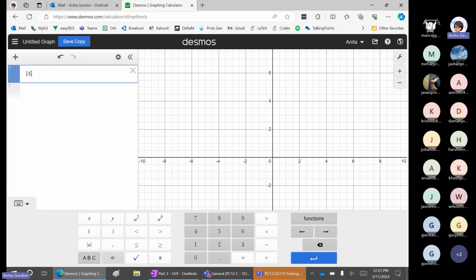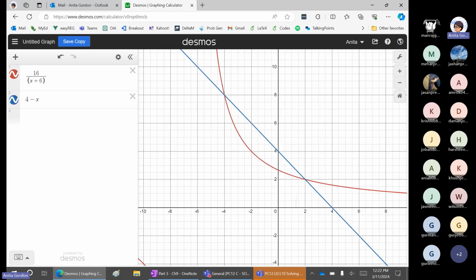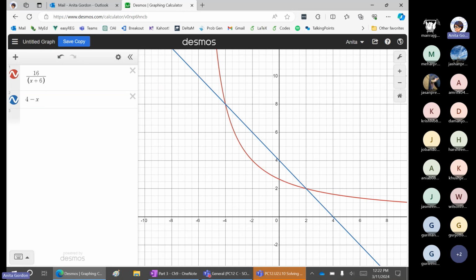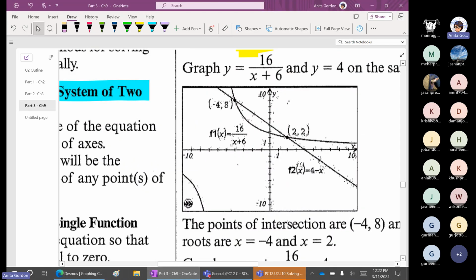So 16 divided by bracket x plus 6, close the bracket. My next equation is 4 minus x. Here is the picture. With Desmos, I can just hover over the points and it'll tell you that solution is 2, 2. That solution is negative 4, 8, which matches our picture here.